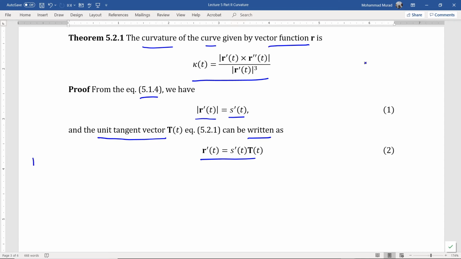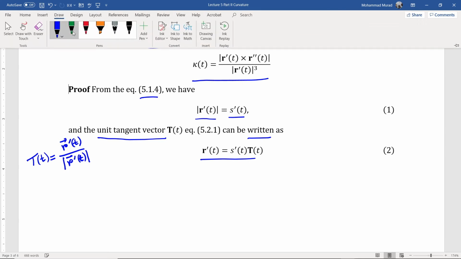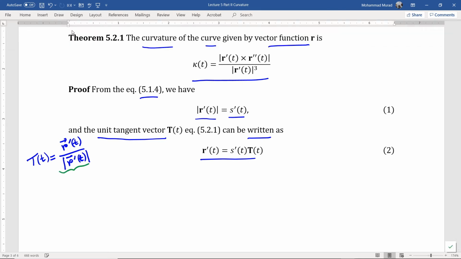Recall that the unit tangent vector was defined as such, so if we transpose this s prime to the left hand side, the equation becomes as shown in equation 2.